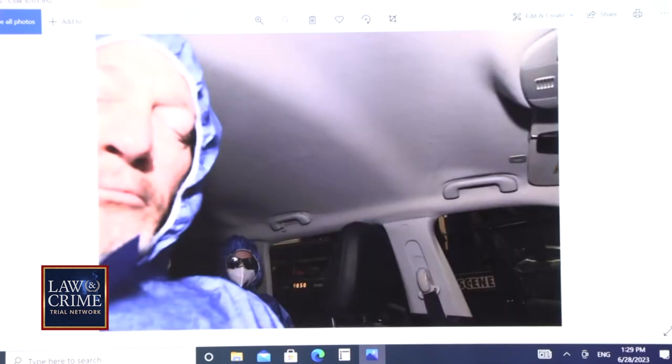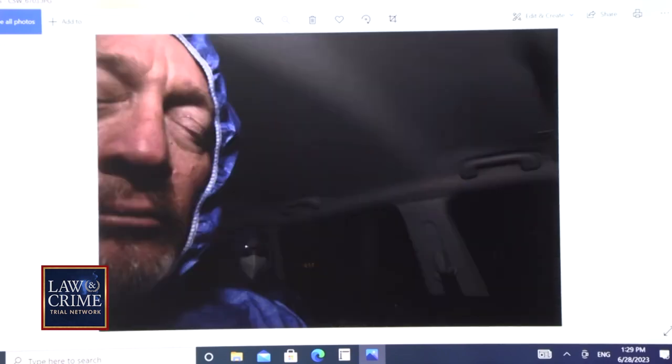Going to photo 6701. What are you showing here? This is showing the proximity of the back seat passenger behind the driver in relation to the front seat passenger. Okay.